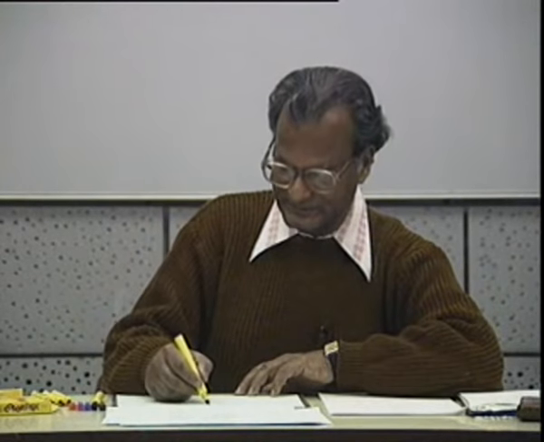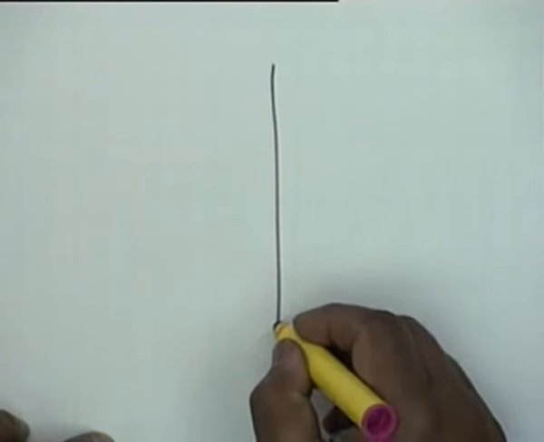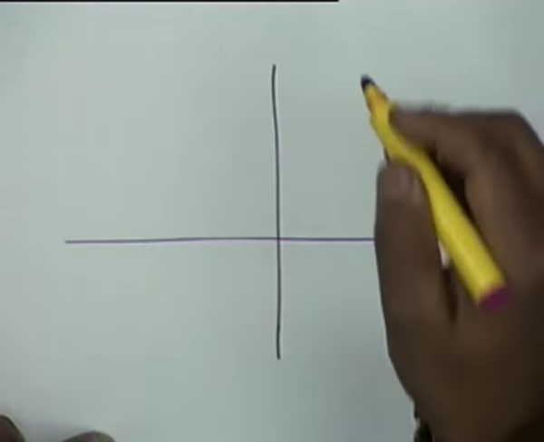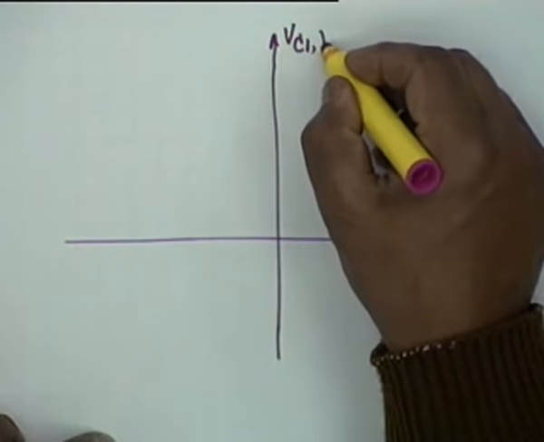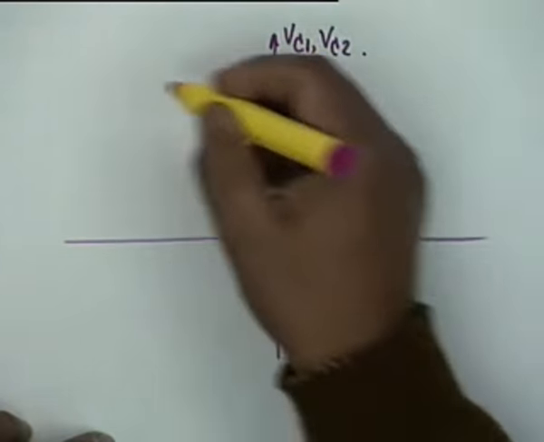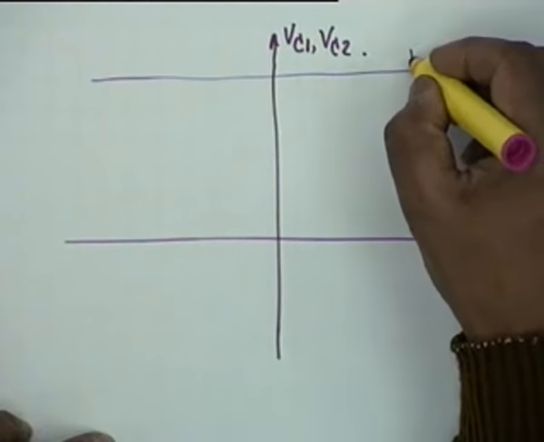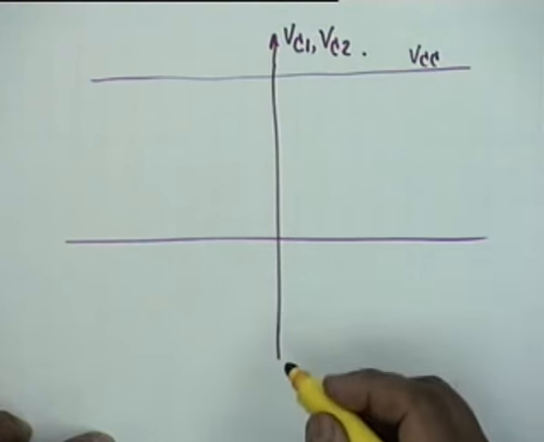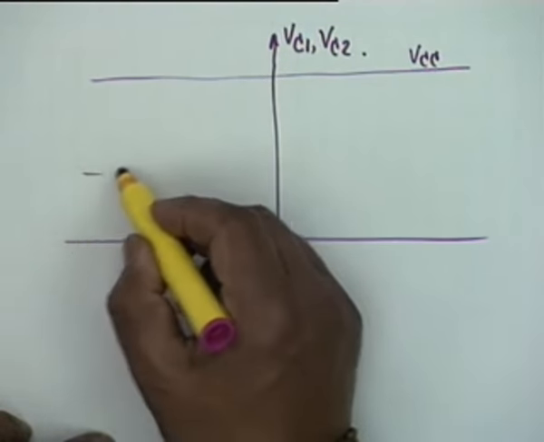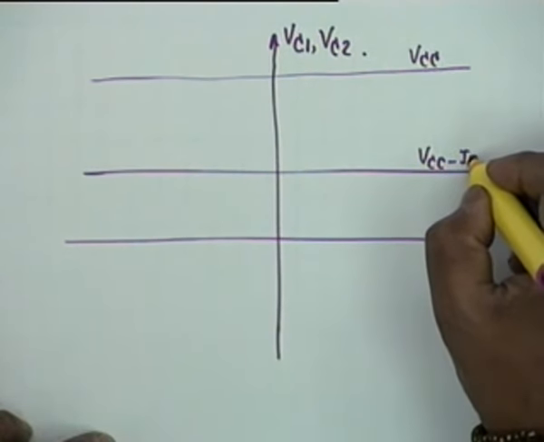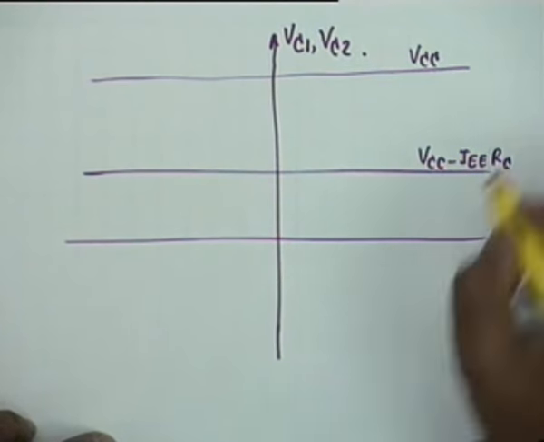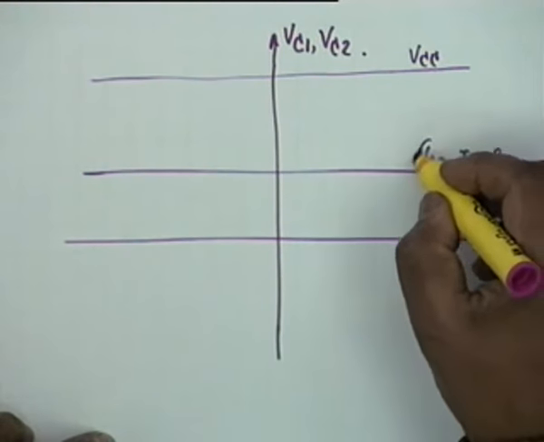Now let us see what these plots are like. We are plotting VC1 and VC2. The maximum value is VCC and the minimum value somewhere here is VCC minus IEE R sub C. This is the minimum value, okay?